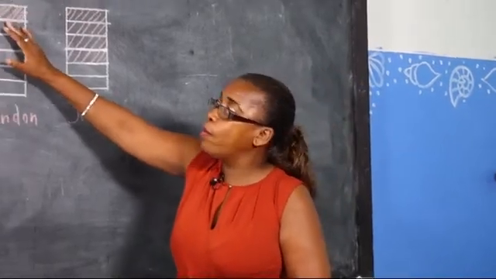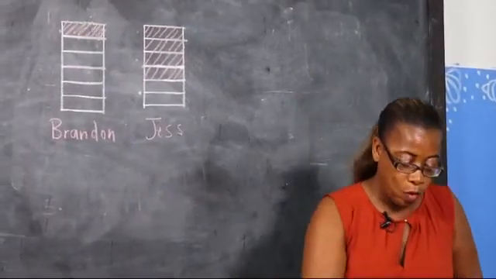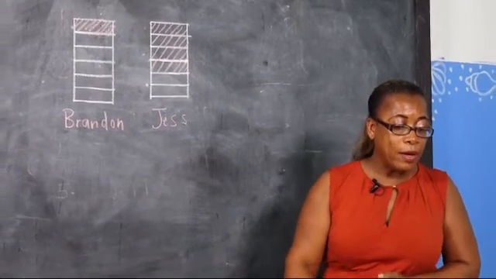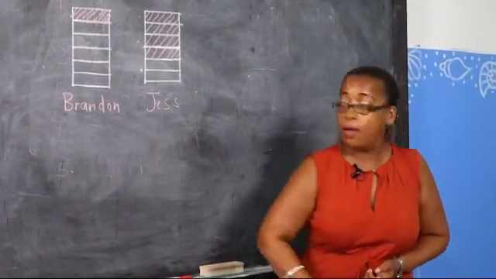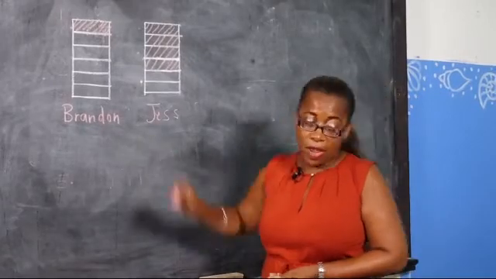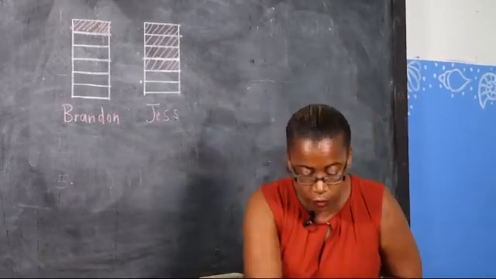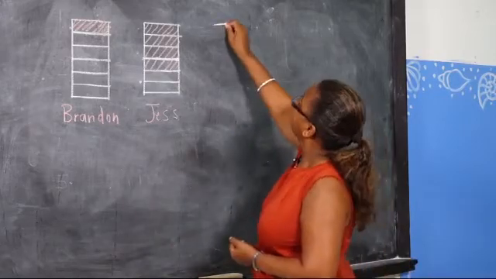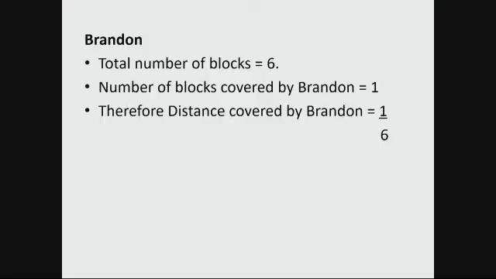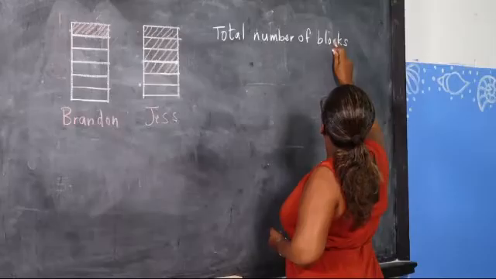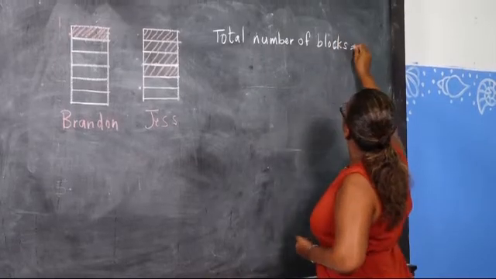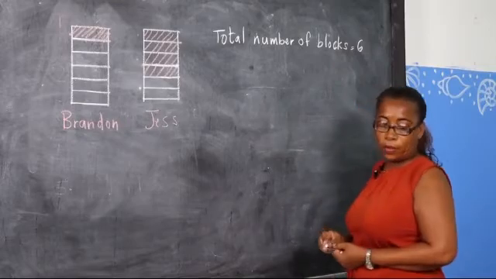Brandon, 1 block out of 6, and Jess 4. So let us look for Brandon. We have the total number of blocks. There were 6 blocks, okay?